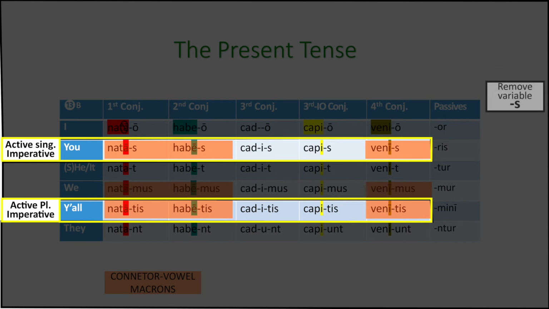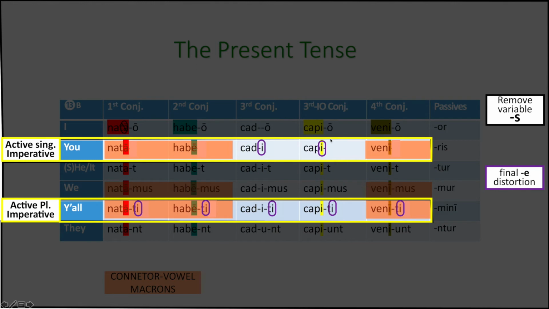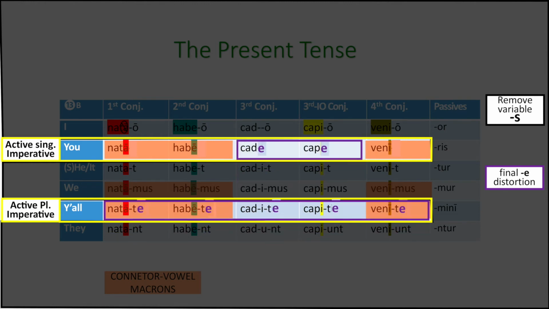So what we did was we removed that S, and then we were left with either the distinctive vowel of that conjugation or with a hanging weak flaccid I. And that is a very unstable letter to be ending a word. And so that short I was not going to stay like that. And so with time, as people said cade, cade, cade over and over, it soon became cade. It distorted to an E.